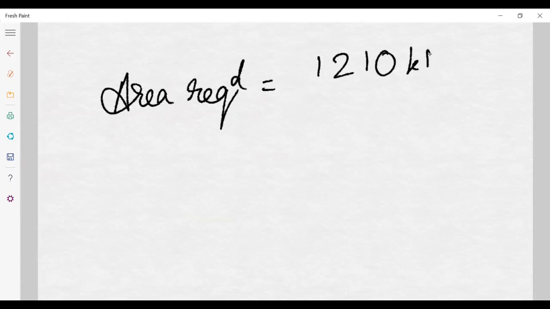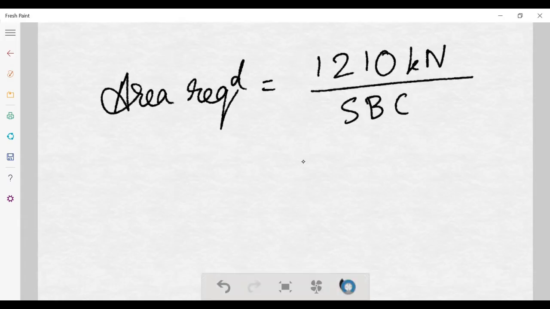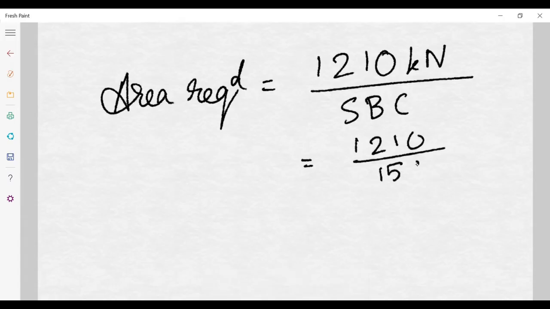1210 kilonewton divided by SBC, which equals how much? The value becomes 1210 divided by 150.